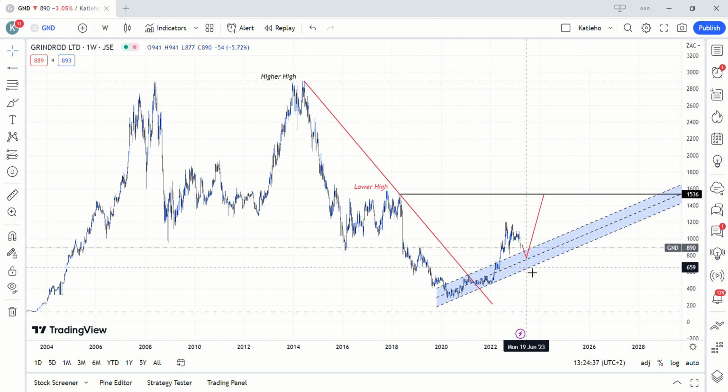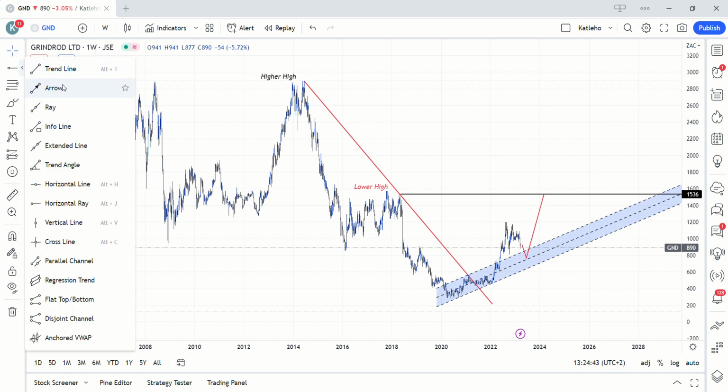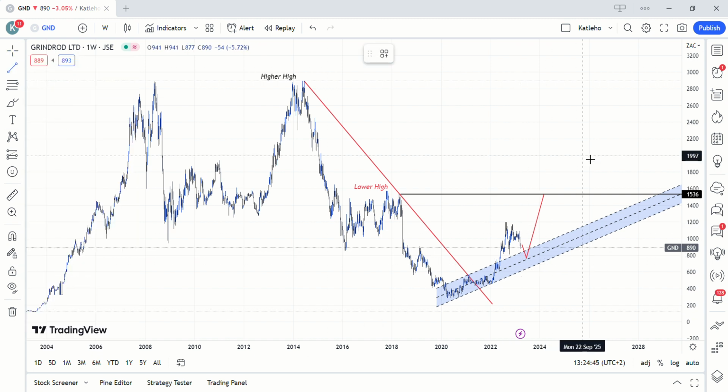So from here you can also anticipate a reversal from this level.